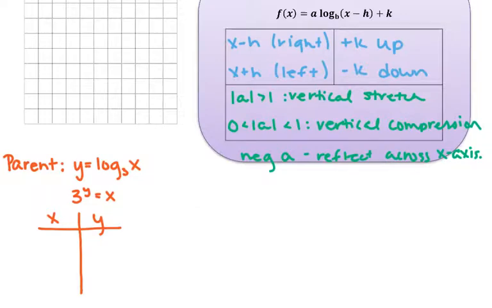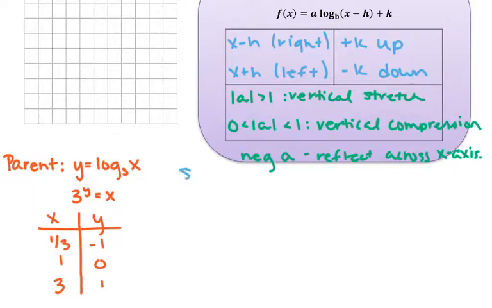That sounds miserable. I wouldn't do that. I would plug in -1, 0, and 1 on the y because those are the easiest ones. If you want to go to -3 and +3 like we did on the exponentials, that's fine too. You're just going to find more points. All right, so 3 to the -1st power is 1/3. 3 to the power of 0 is 1. And 3 to the 1st power is 3.